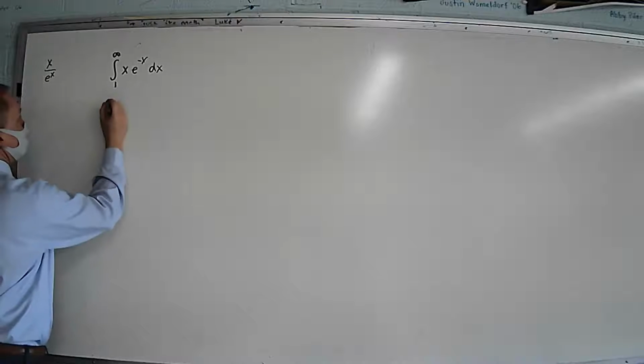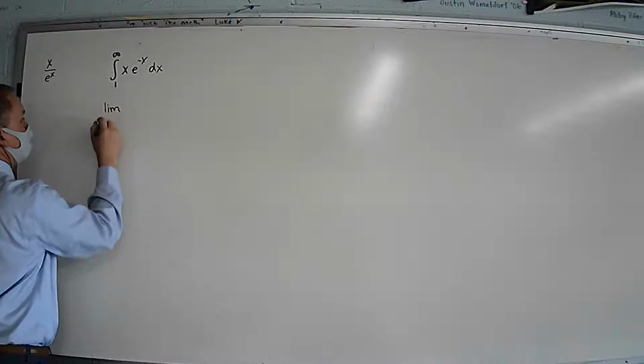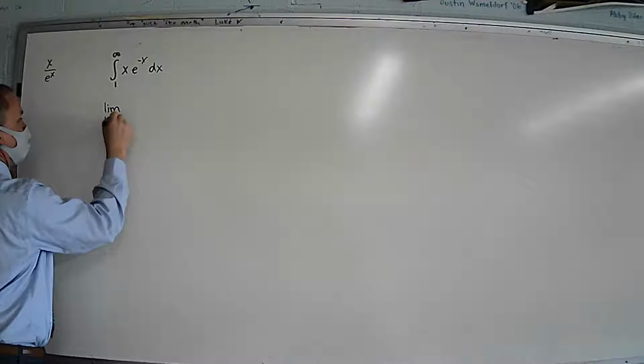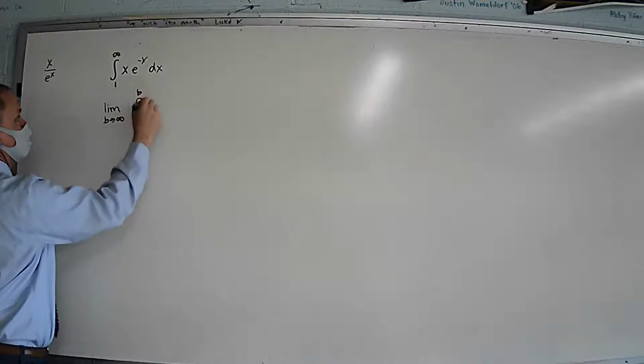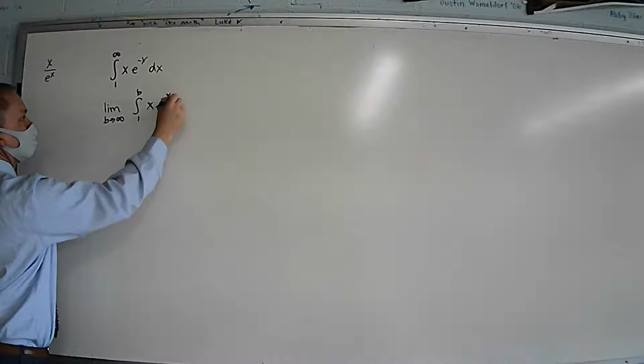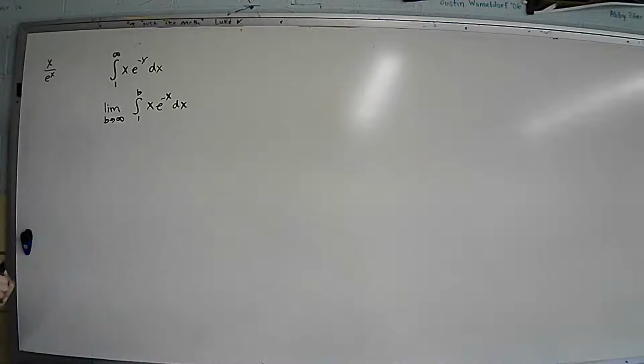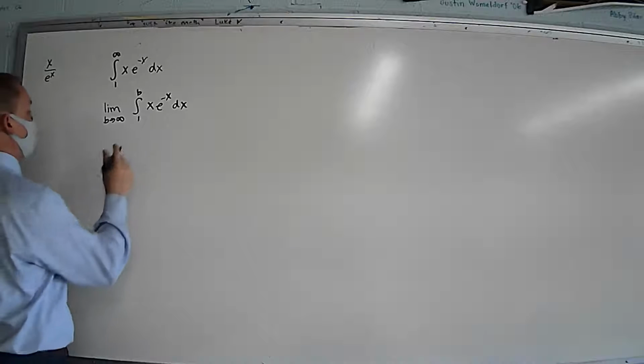All right? So we'll change this to the limit as b goes to infinity. So did you do that, Maddie? Okay, so then did you find the antiderivative? Did you integrate by parts? So did you get the antiderivative as this?